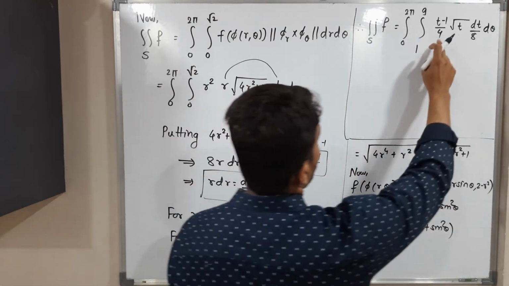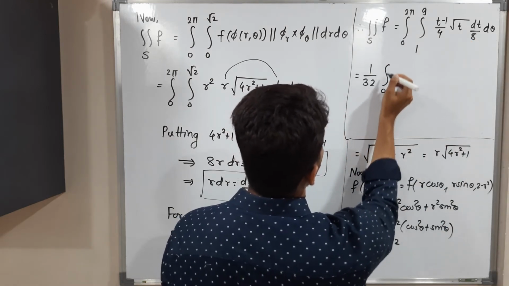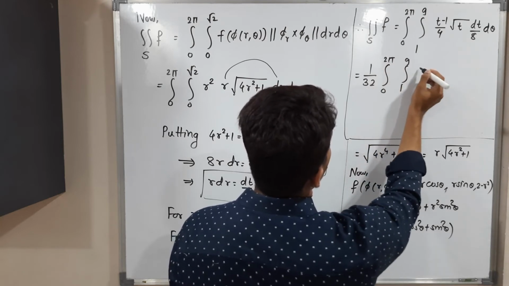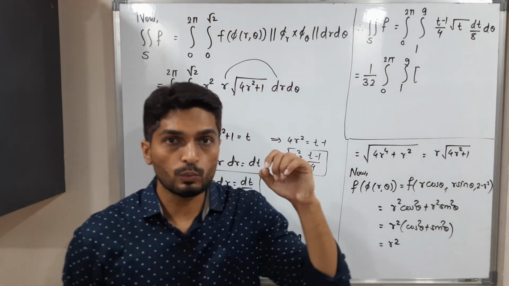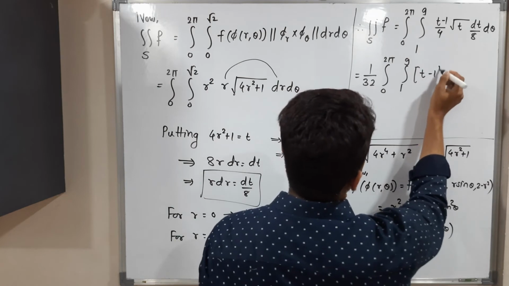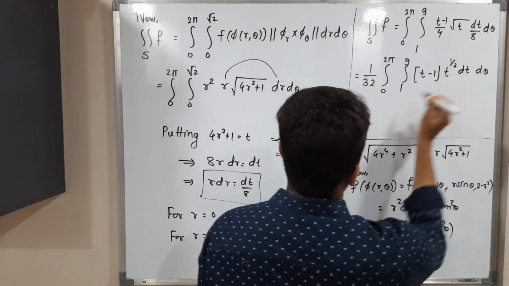As you can see here, 4 into 8, 32, it's a constant. So let me take it outside, 32, 0 to 2 pi. It is looking complicated, so let me solve it. Root means t raised to 1 by 2. I will write properly so you can easily understand: t raised to 1 by 2 dt and d theta.